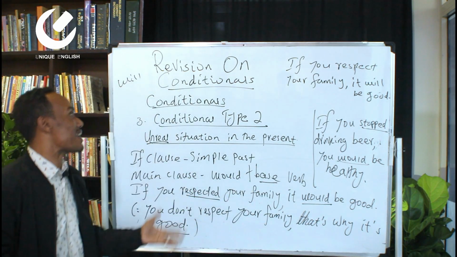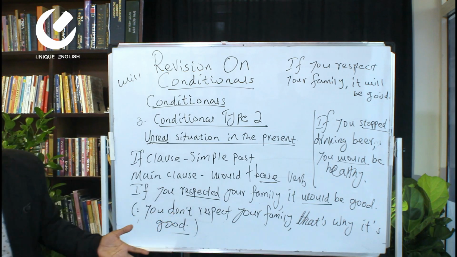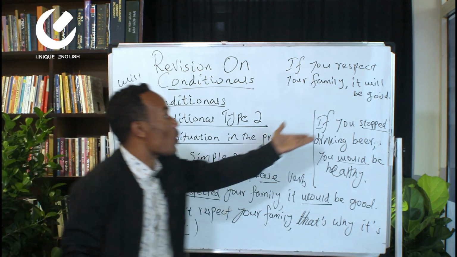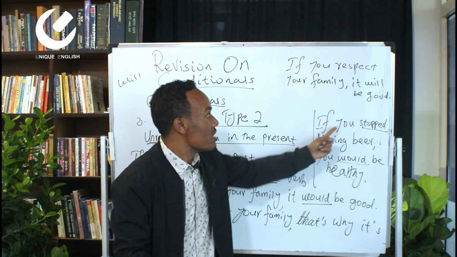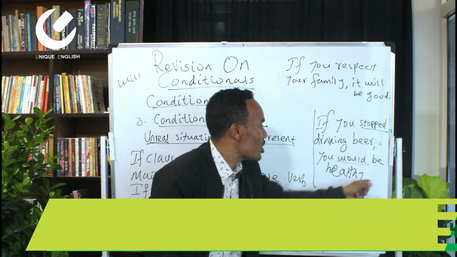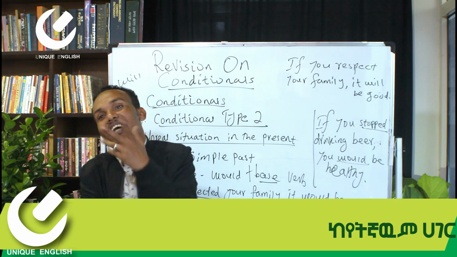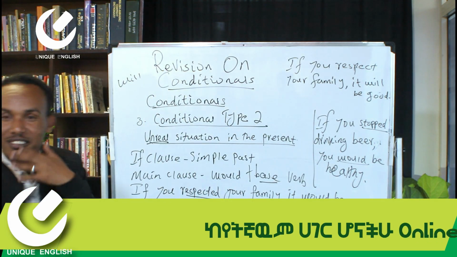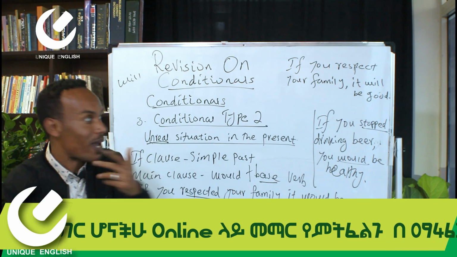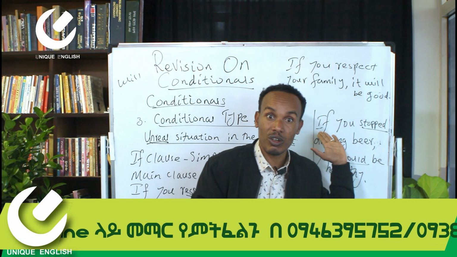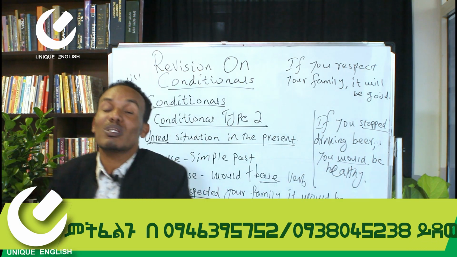Am I talking about the past or unreal situation in the present? Unreal. ያልነው ሰውየው አያቆምም ይጠጣል ማለት ነው። አያቆምም is unreal, የማይሆን። ስለዚህ ማለት ነው if you stopped drinking beer you would be healthy means አንተ እኮ ቢራ መጠጣት አታቆም እንጂ ብታቆም አሪፍ ይሆን ነበር። That's why አሪፍ ያልሆነው ምን ስለምጠጣ ነው? ቢራ ስለምጠጣ. We are talking about unreal situation in the present.